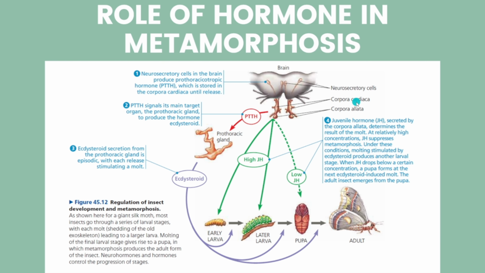After that, there is another gland in the insect, which we call the prothoracic gland. When PTTH is released from the corpora cardiaca, it will stimulate the prothoracic gland to secrete the hormone we call ecdysone.